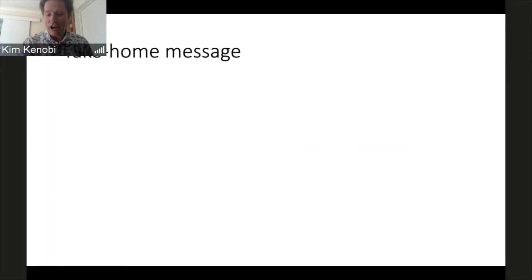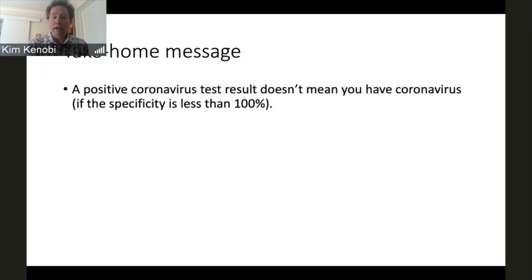Right, what's the take-home message from all of this? Well, clearly, a positive coronavirus test result doesn't necessarily mean you have coronavirus. Note, this is only true if the specificity is less than 100%, because it's only when the specificity is less than 100% that you get some false positives.